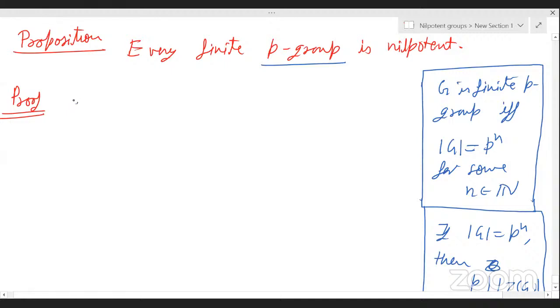Suppose, so we will prove it by induction on n.